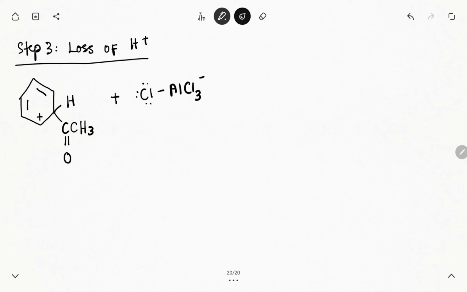What happens? One of the lone pairs here will attack hydrogen, forming a covalent bond. So the bonding between carbon and hydrogen will stabilize the neighboring carbocation. At the same time, the covalent bond between chlorine and aluminium will break. So electrons will go to the chlorine, and your final product forms.